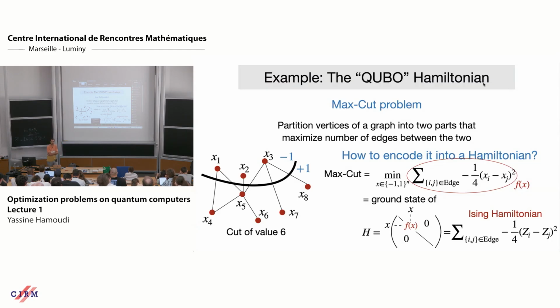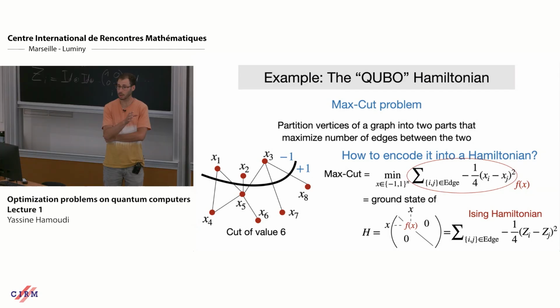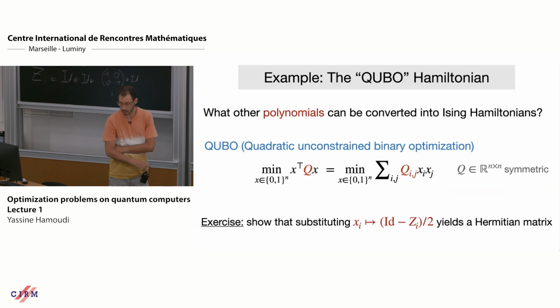So what does it show? It shows that if you want to solve max cut, you could just consider that particular Hamiltonian and try to find its ground state. And if you could do it efficiently, you would have a solution to the max cut problem. Actually, this kind of Hamiltonian encoding is a very general way of performing optimization.